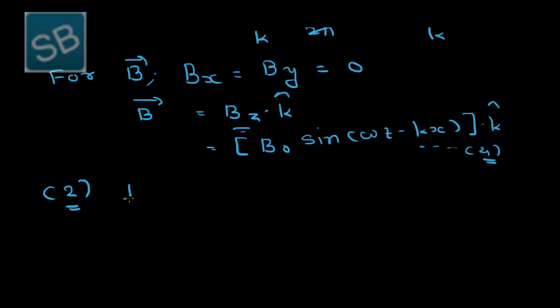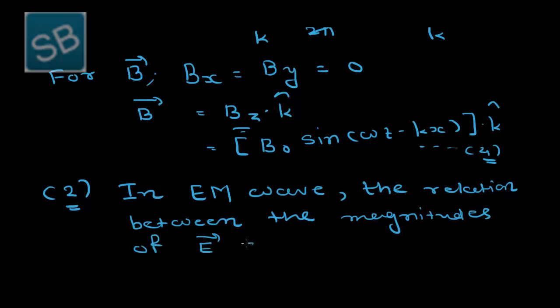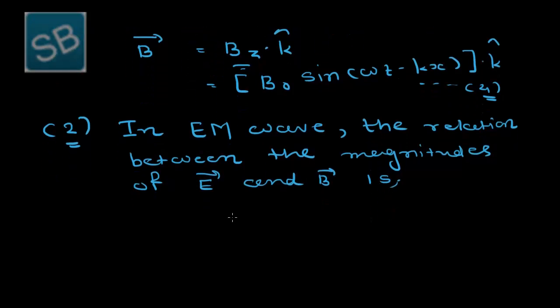In an electromagnetic wave, the relation between the magnitudes of electric field E and magnetic field B is given by, now we will write in terms of magnitude, so here there will be no vector sign, E over B is equal to small c.